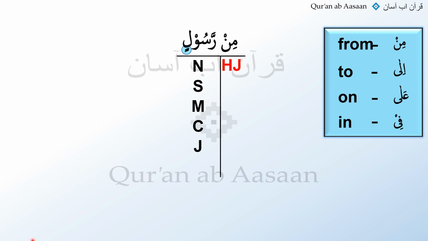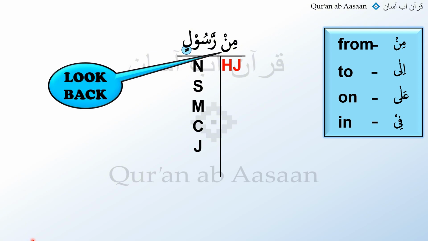And what do we do to find out the reason? We look behind Rasulin, and we see min sitting behind Rasulin. So the answer to that question mark is, the reason why it is in jar is because of min. And how do I write it?